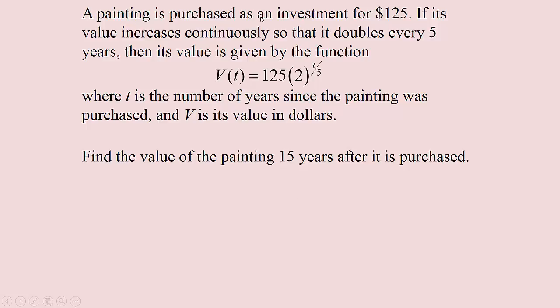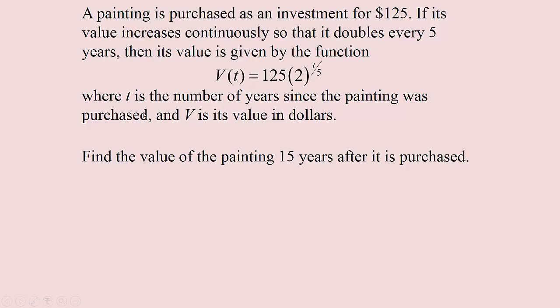Finally, we're given a problem like this. Lots of information going on here, but basically, do you see here in the middle, we have a function. V is the name of the function, T is the variable, and the stuff over here tells us what it is. Now, if we're given a question that says find the value, well, if you look at the explanation up here, the value is V. So we're looking for V when the painting is 15 years old.